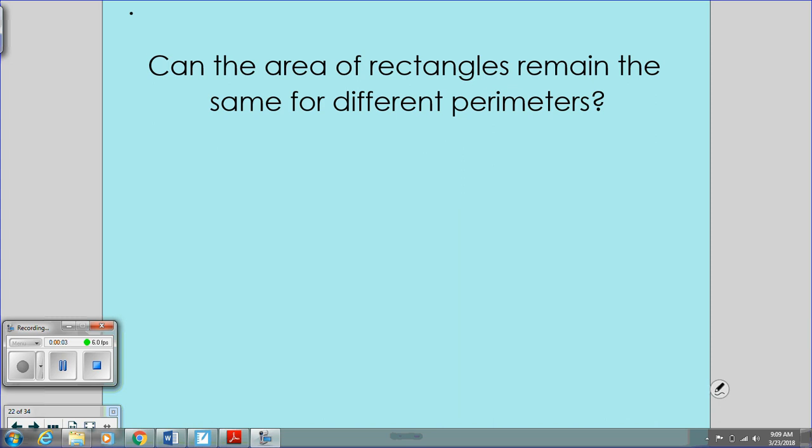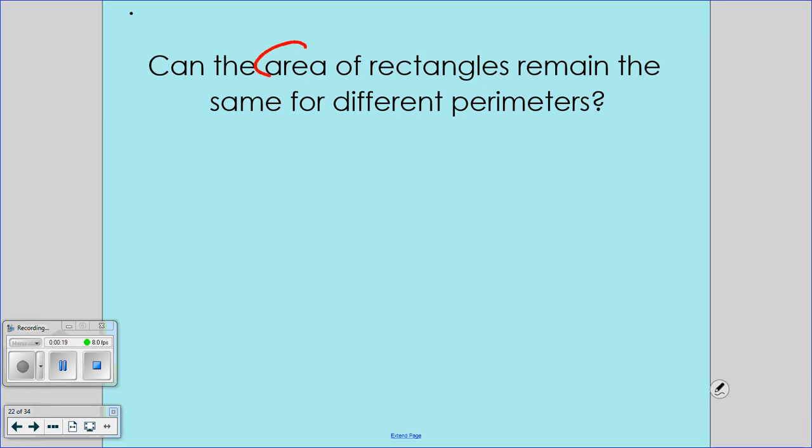So let's start by breaking this question down a little bit into smaller chunks so we can better understand. It says, can the area of rectangles remain the same for different perimeters? So let's start off by, what is area of rectangles? What does that even mean?